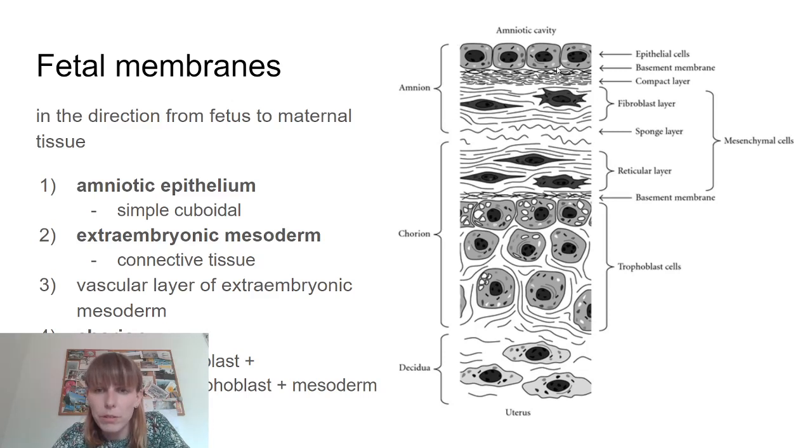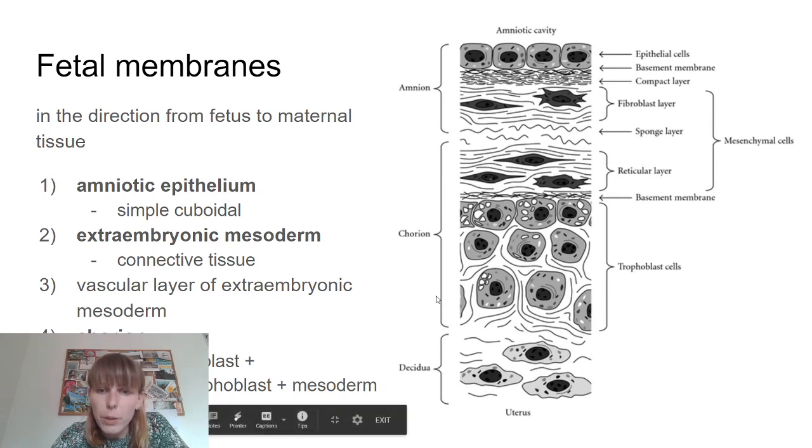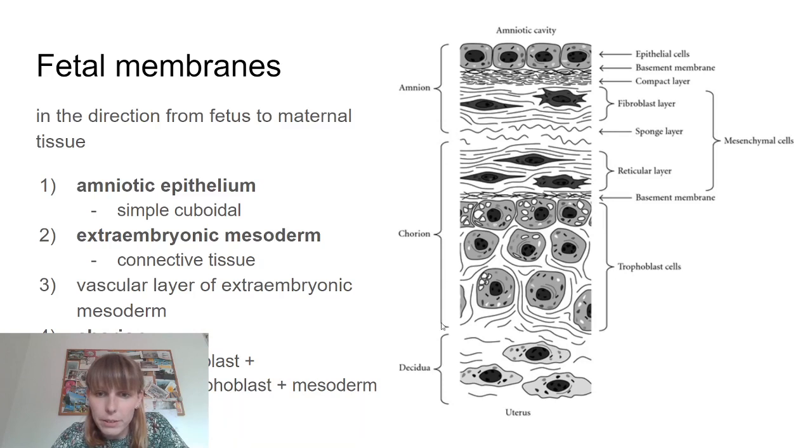So amnion is the first layer where we really want to focus on the epithelium, and underneath it is already fused with the chorion laeve, so the chorion lining the uterus, the chorion that is not part of the placenta.